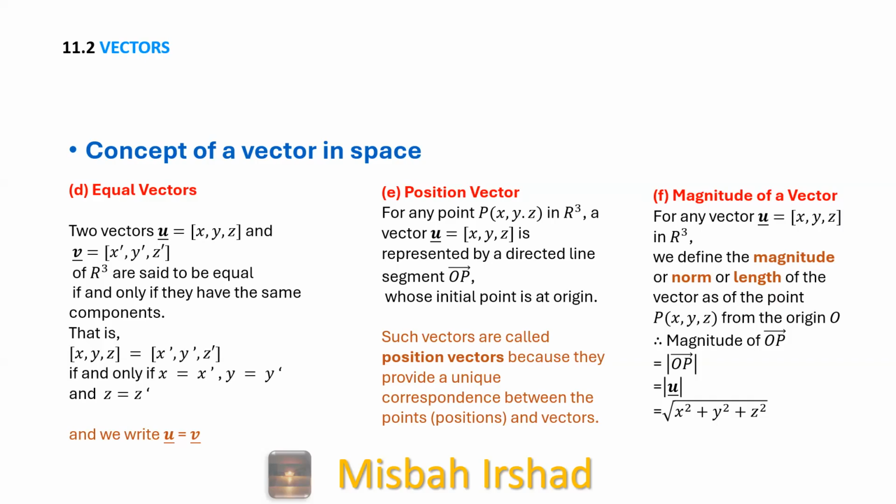So all the concepts are the same as we have already discussed for vectors in the plane. And the magnitude or norm of the vector is also defined by a similar expression. We just added z square here.